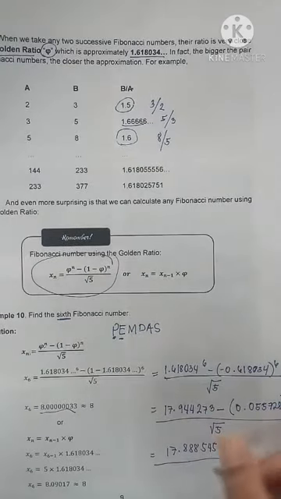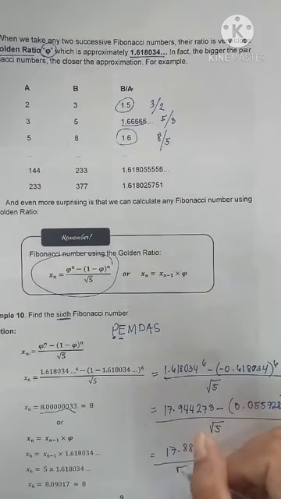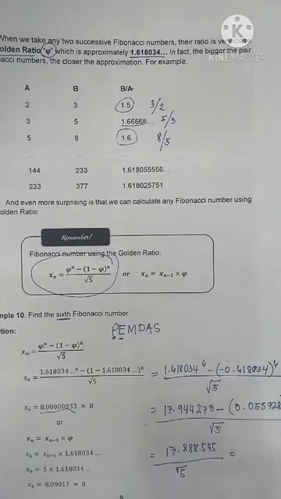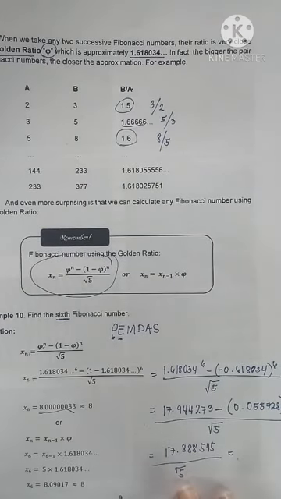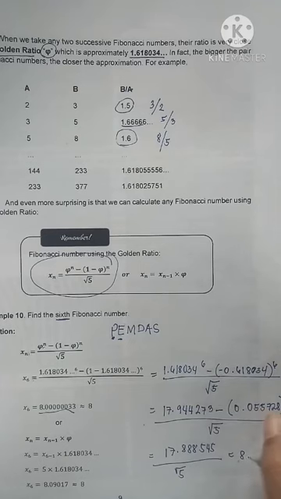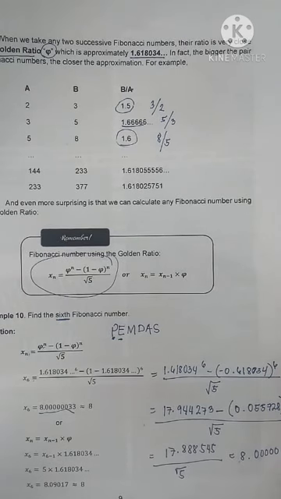Again, we round it off and just use 6 digits from the decimals. And then the square root of 5. If we divide this, we will come up with an answer of 8.000000, with 6 zeros, 52.